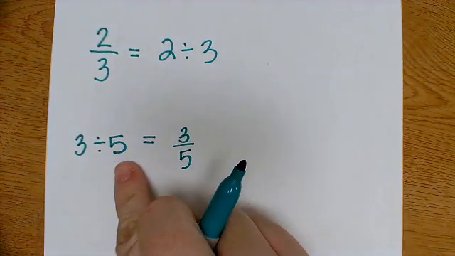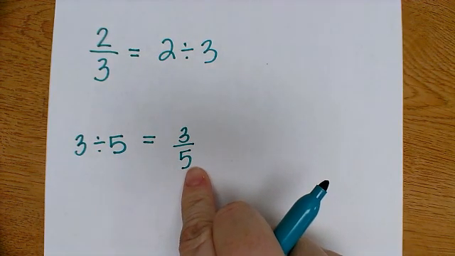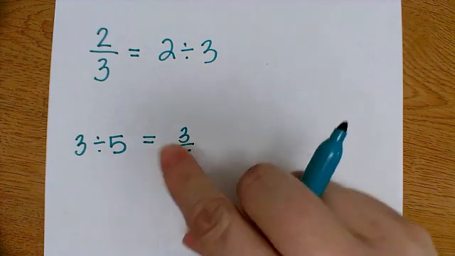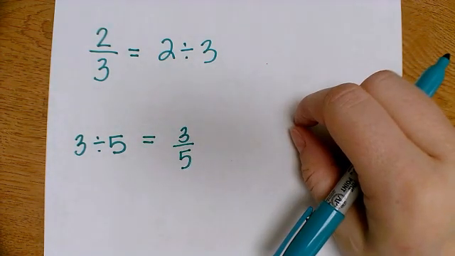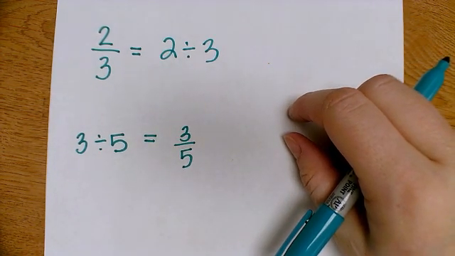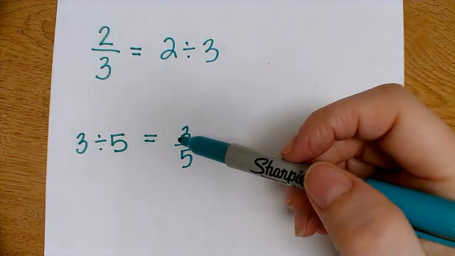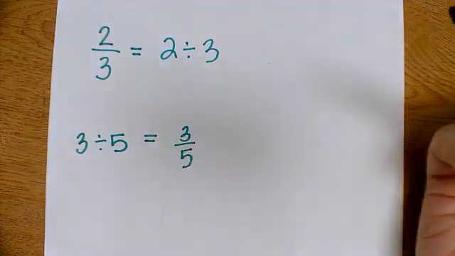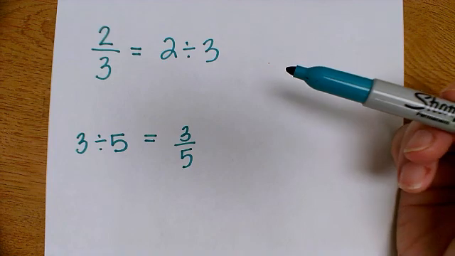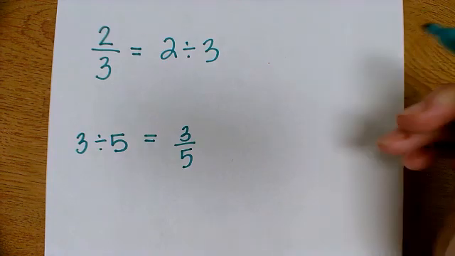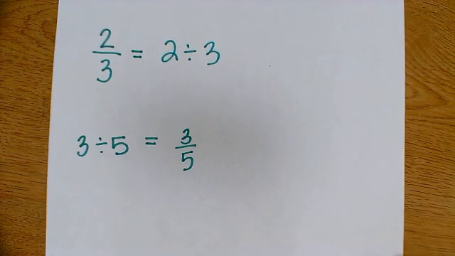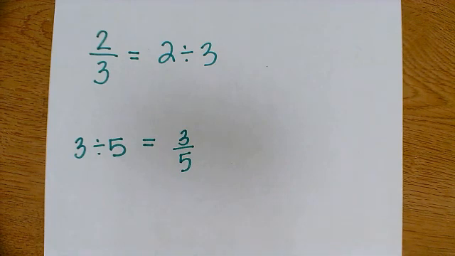So 3 divided by 5 is 3/5. So they are interchangeable. They mean the same thing. And the fraction part gives you the answer to the division problem. All right. So you are now ready to move through some of your practice in this grid work.